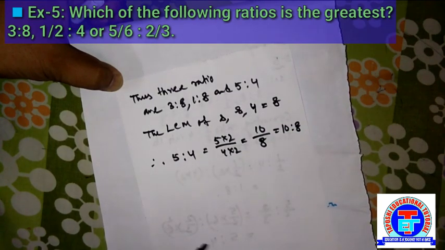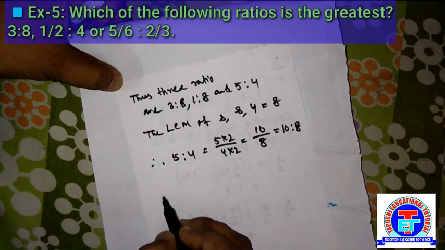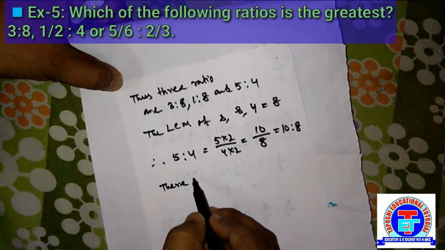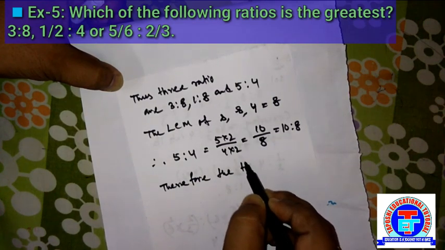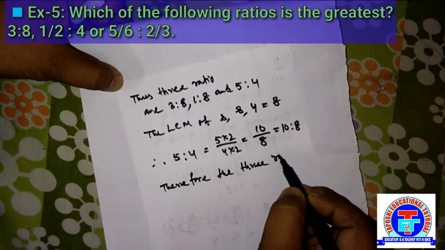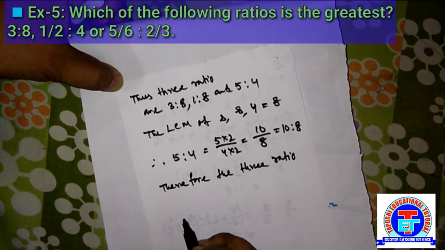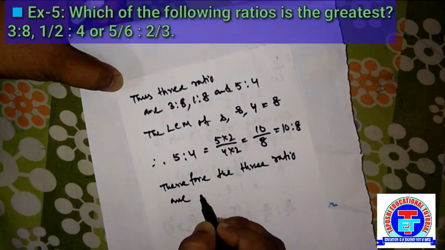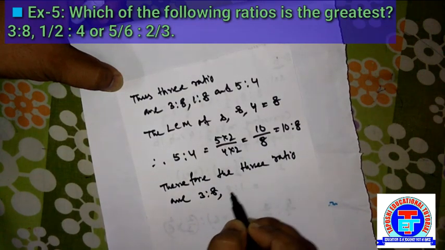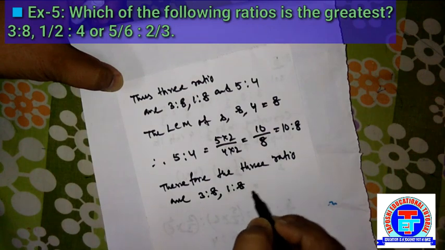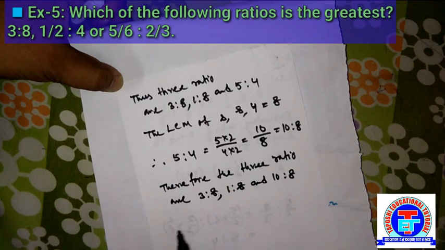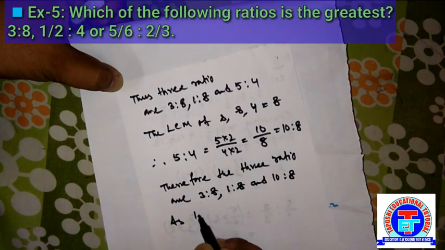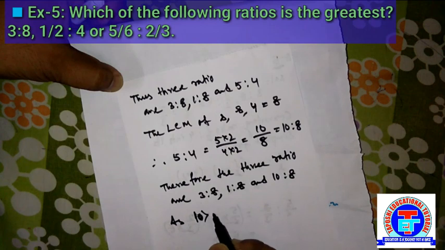Therefore the 3 ratios are 3 is to 8, 1 is to 8 and 10 is to 8, as 10 is greater than 3 is greater than 1, right.